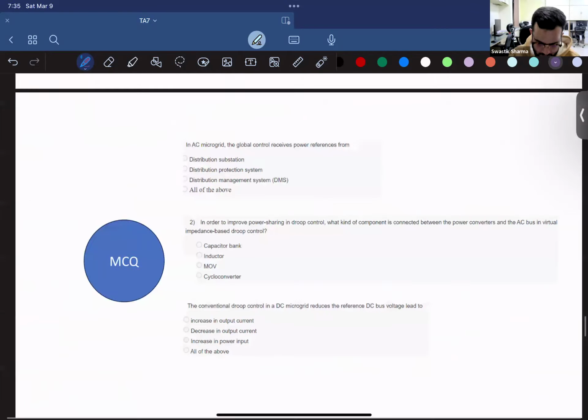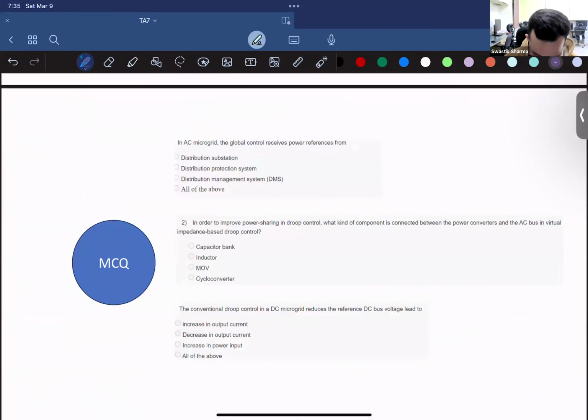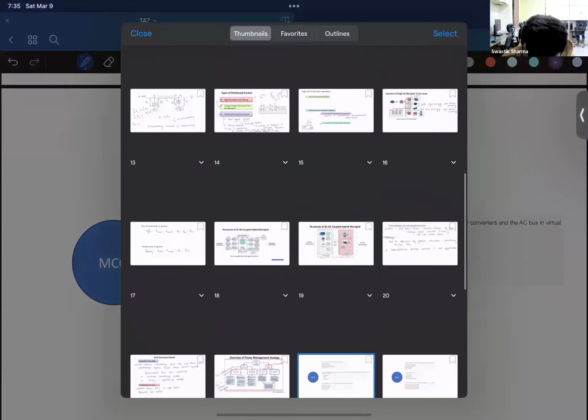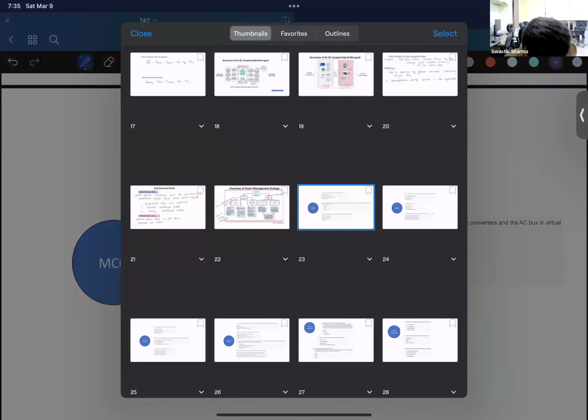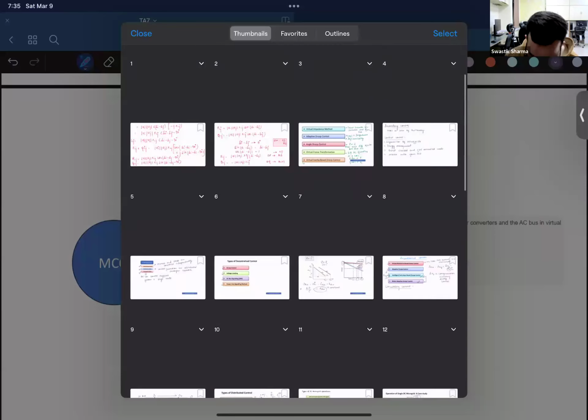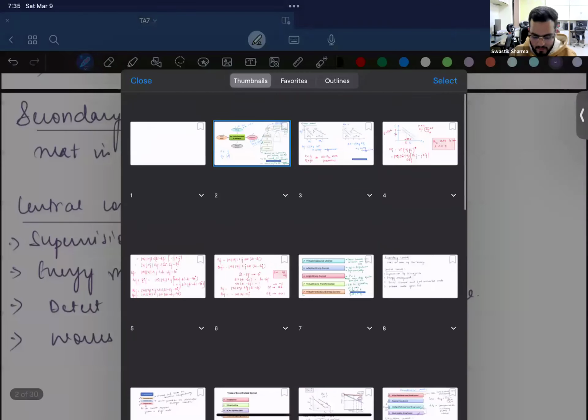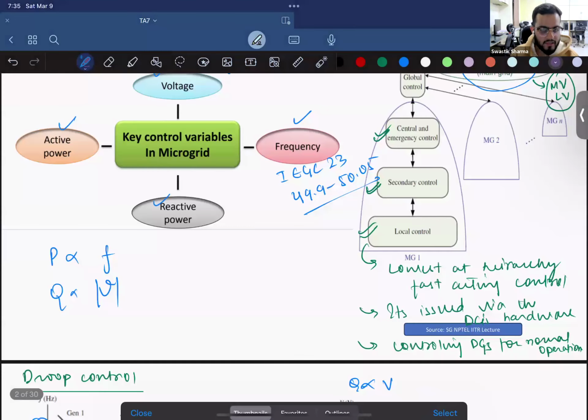So let's talk about the first question. In an AC microgrid, the global control receives power references from: anyone who has an answer, just let me know in the comment box, or you can unmute yourselves. If you talk about global control, it's working in direct coordination with what? A DNO or a DSO.